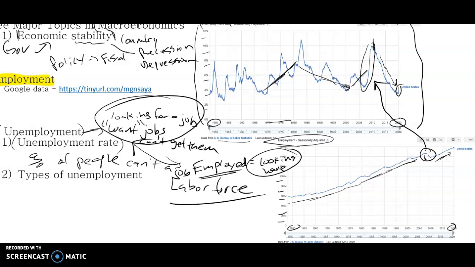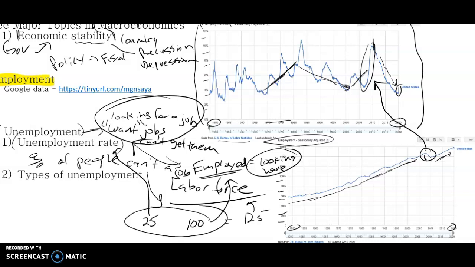And so just a simple example, if there are, let's say, 100 people that are employed, and there are, let's say, 25 people that are unemployed, what's our unemployment rate? Well, our total amount of people is 125. So that's what's called the labor force.